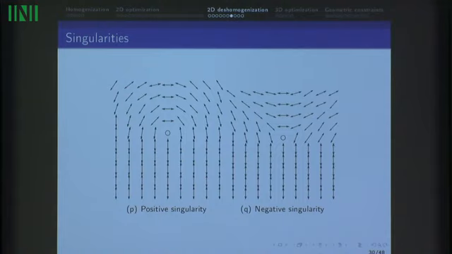And this kind of method can be used for other purposes. So, as Jaren said, sometimes we can have some singularity in our orientation vector field.